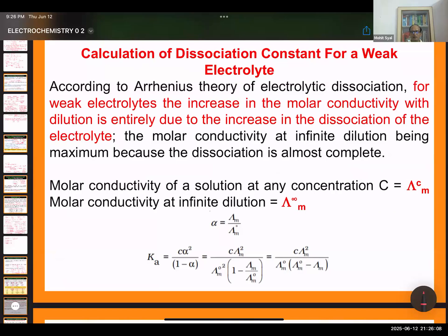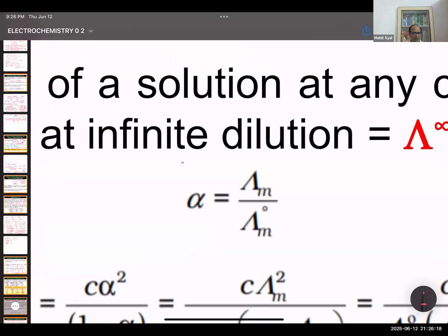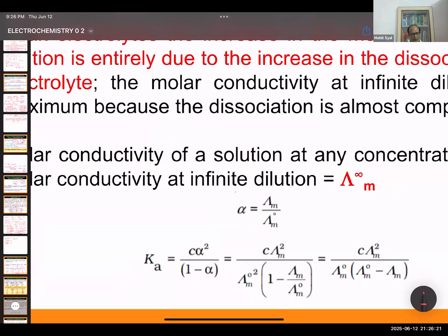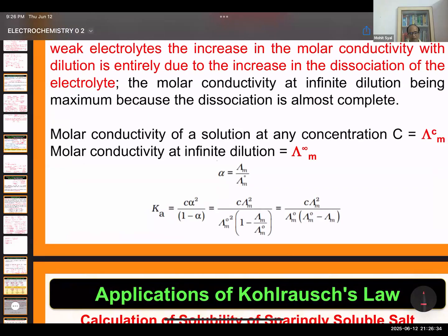Normally they ask you for alpha, so there is no need to mix up everything. Degree of dissociation is molar conductance divided by the maximum value of molar conductance. Once you have alpha, put it in this. This is how you calculate it with the value of molar conductance. The limiting value you can find very easily from the table given to you by taking the sum of the limiting values of the individual ions, and they will give you the molar conductance at the present condition.